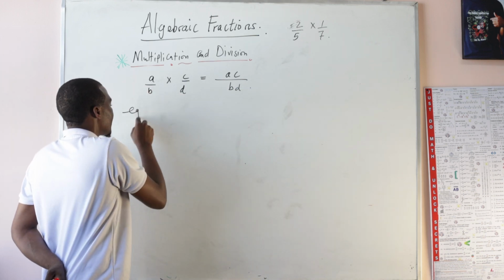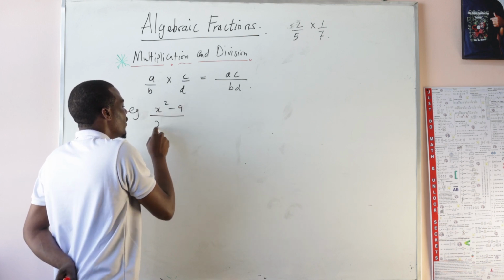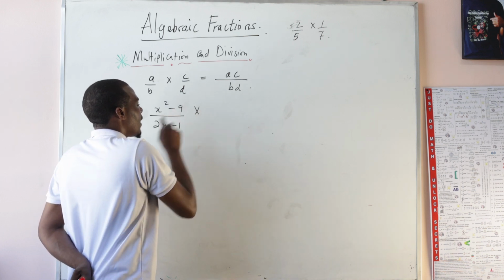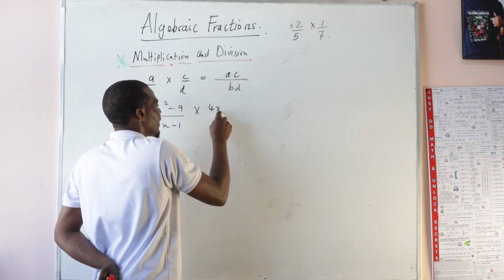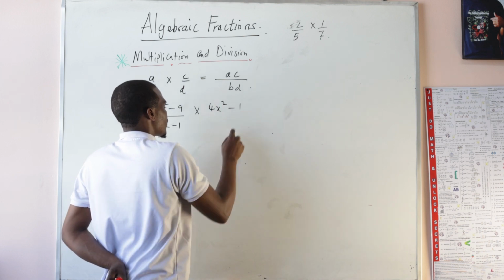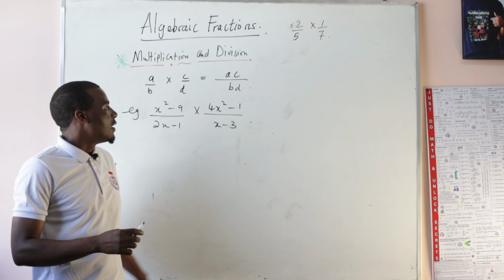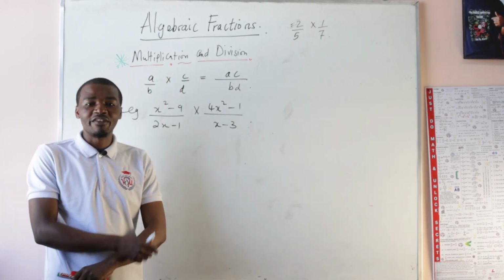For example, imagine if I have x squared minus 9 over 2x minus 1, right, multiplied by, let's say, 4x squared minus 1 over x minus 3. So how best can we multiply this type of an algebraic fraction?